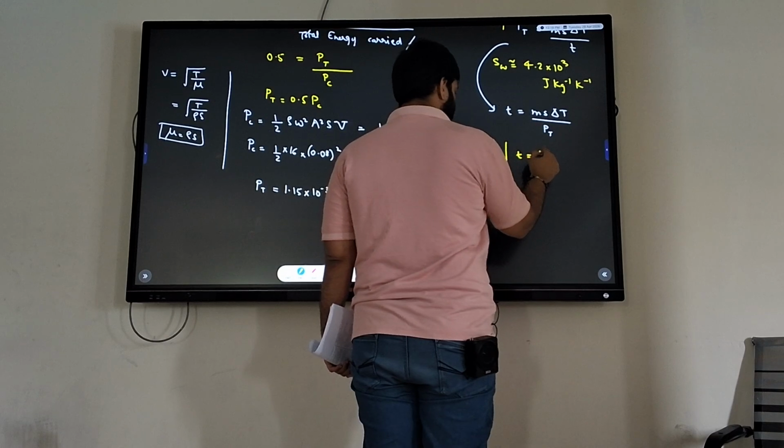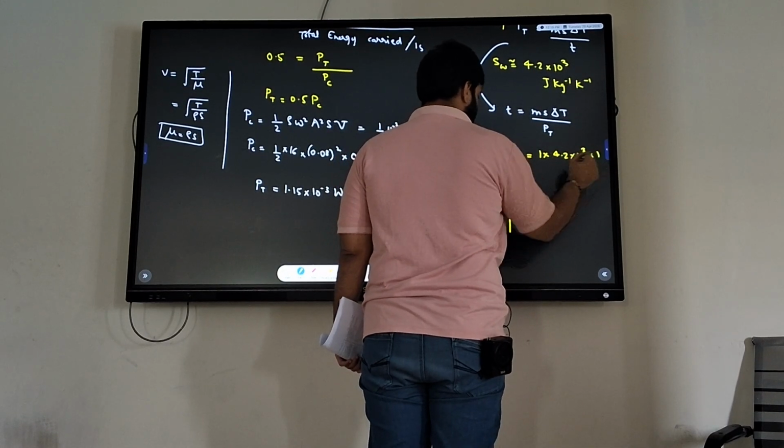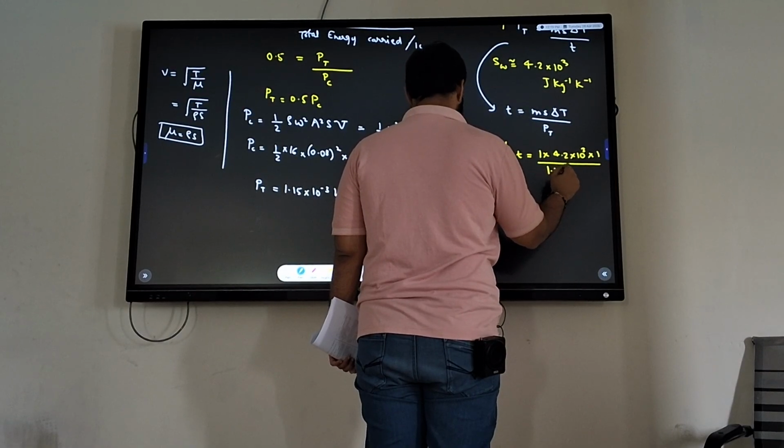T should be m1 s 4.2 into 10 to the power 3, delta T1 divided by PT. 1.15.